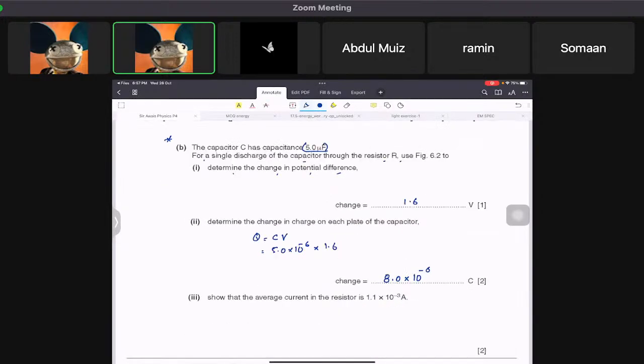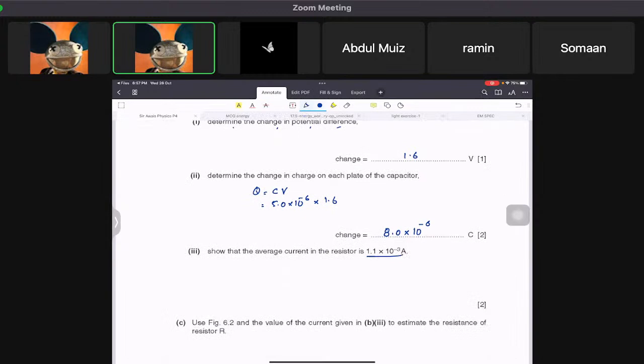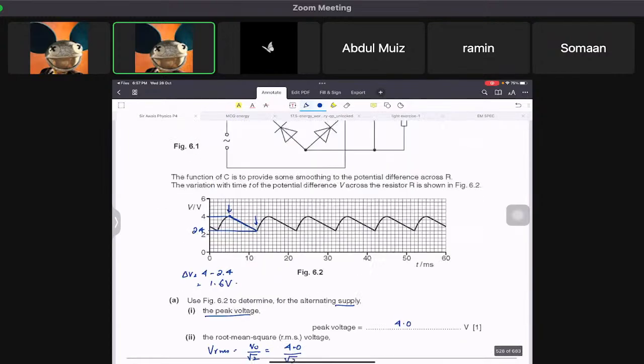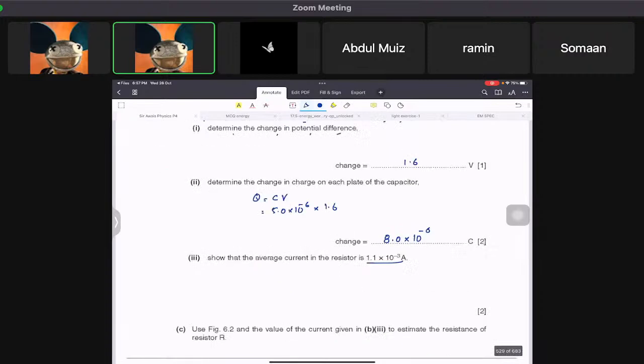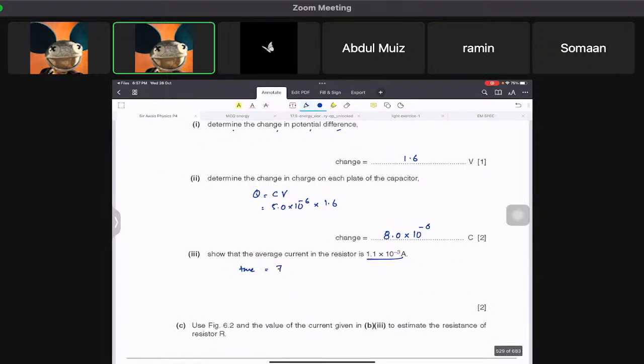Then it says show that the average current is this one. Fine. So to find the current, now we need to see how much time it takes to discharge, right? So it goes from this point, which is basically 5 milliseconds, to this point, which is, I think, 12 milliseconds. So 12 minus 5, the time it takes to discharge is 7 milliseconds, and then you got the charge that was reduced.